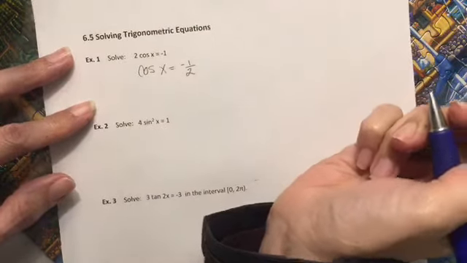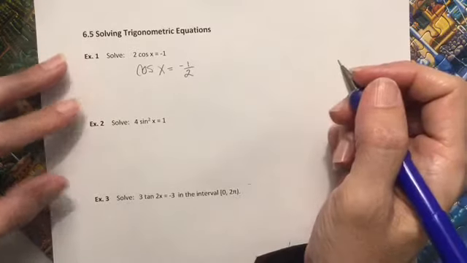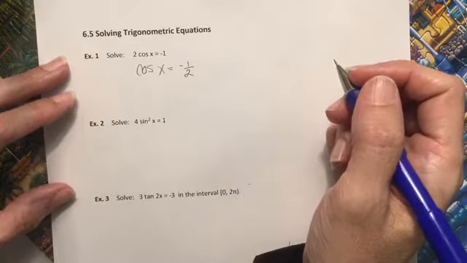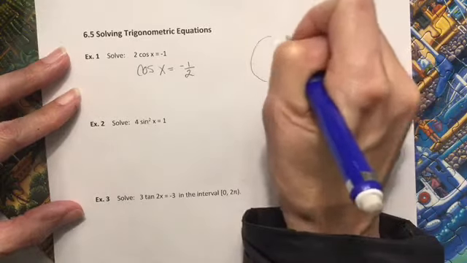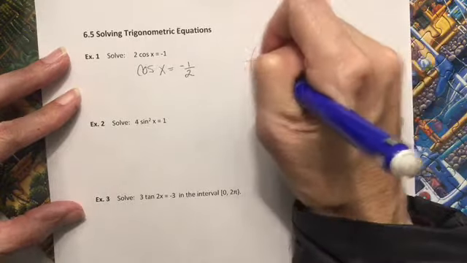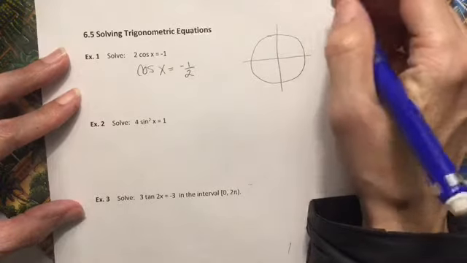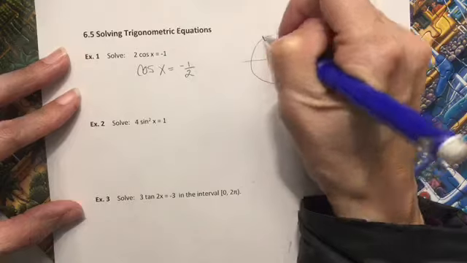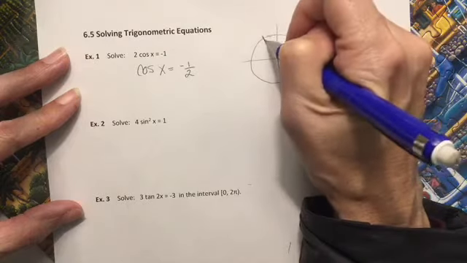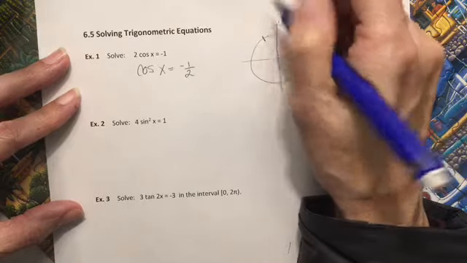Now if you think about your unit circle, where is the cosine going to be -1/2? Well, I'll show you. Here's your unit circle, and it looks like right here is where your cosine is -1/2, and that is at 2 pi over 3.